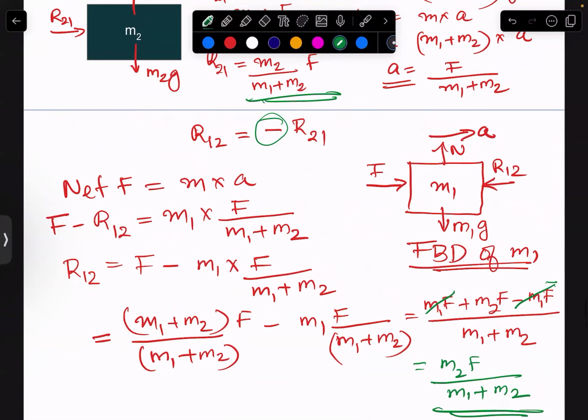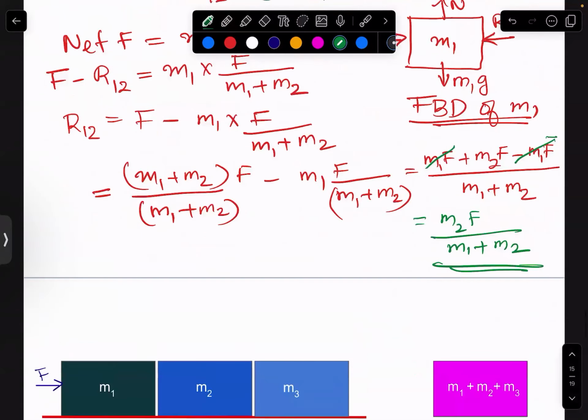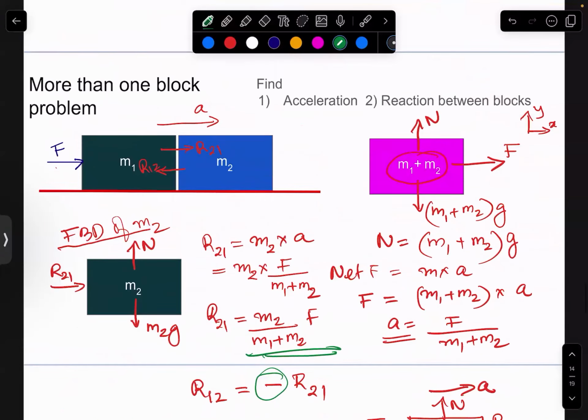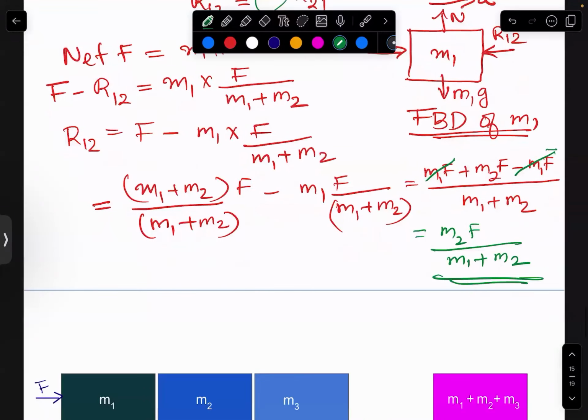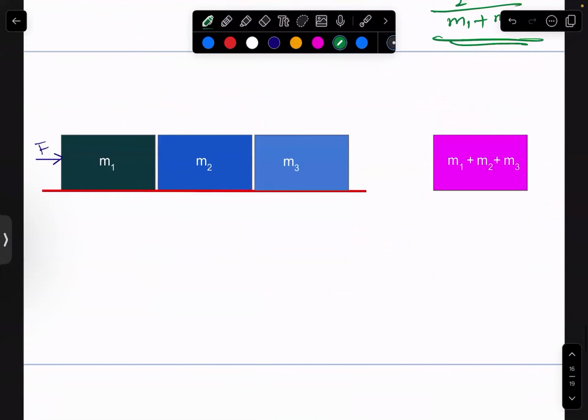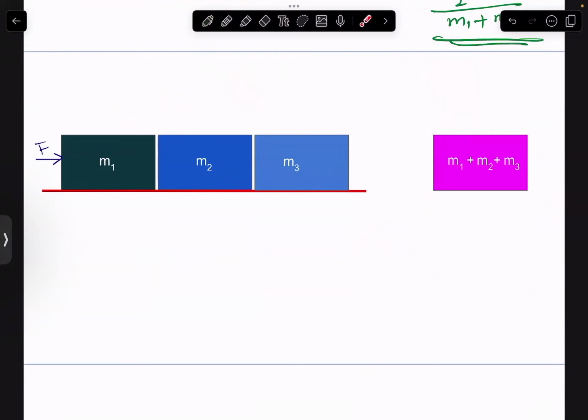So this is how you get the reaction forces when there is a force acting on two blocks which are kept together. Okay. Now we will see an example with three blocks. How to find the reaction force between three blocks kept together when an external force F is acting on them?